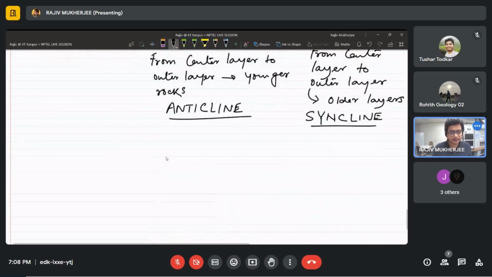Now let us think about it like this, what would happen for antiformal anticline.